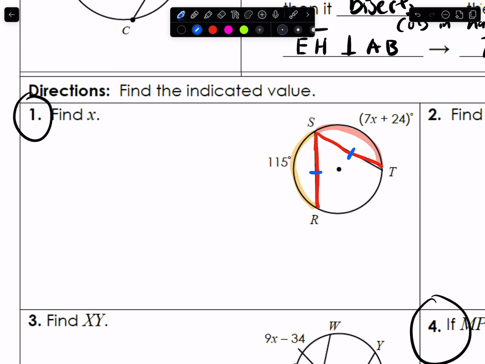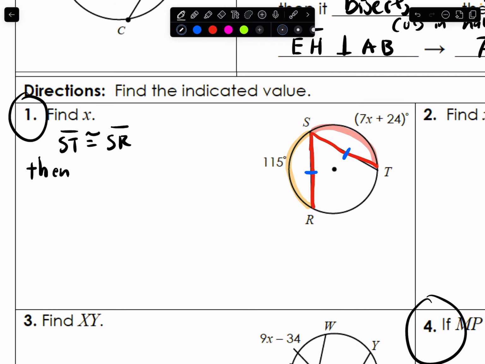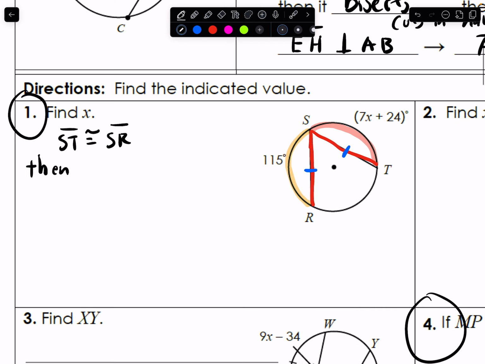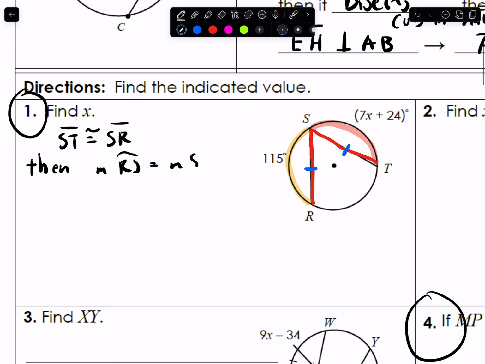I'm going to go a little bit slower on this. Let's say chord ST is equal to chord SR. Then arc RS is equal to arc ST.